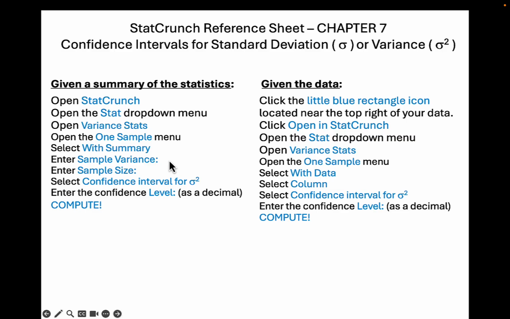And then on the input screen, you're going to need to tell the program the sample variance, the sample size, and select confidence interval, and tell the program the confidence level as a decimal and compute. Or if you're working with the data, then you just select the column in which the data is entered, confidence interval for sigma, and then the confidence level and compute.